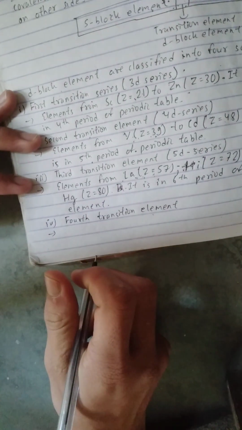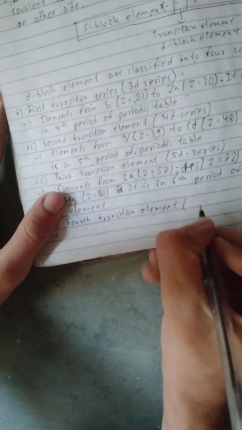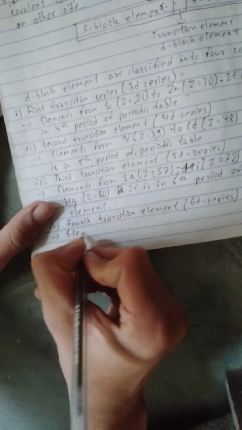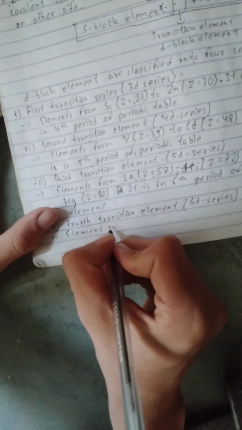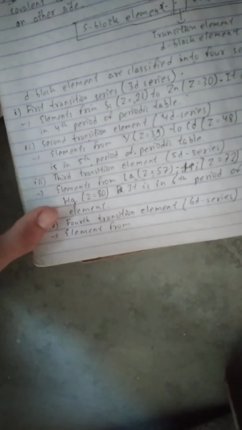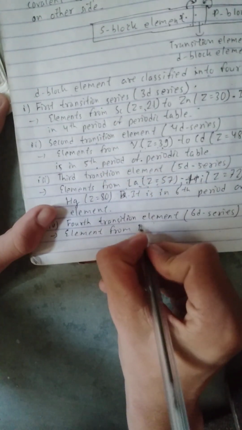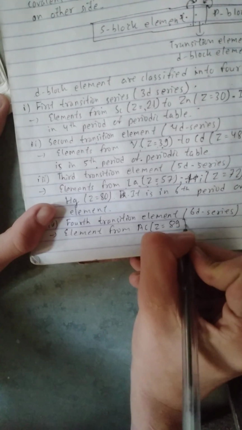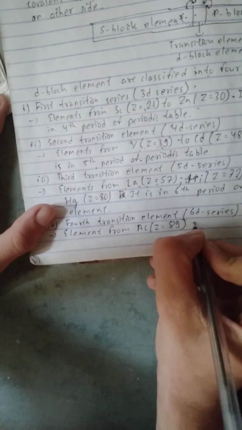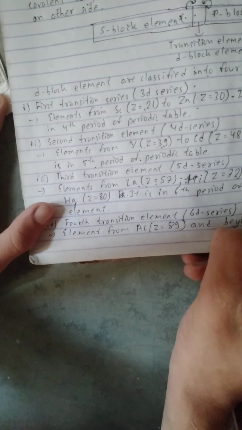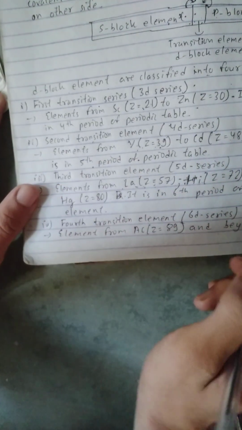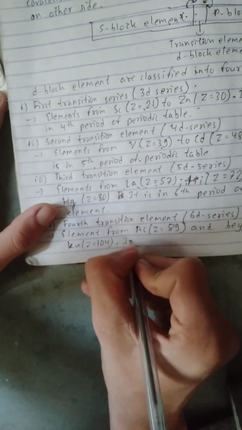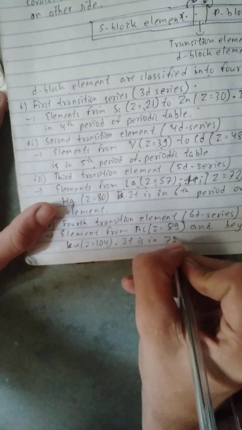And the fourth transition element is also known as the 6D series. The elements are from Ac, Z equals 89, and beyond, to Ku, Z equals 104, and it is in the last period, that is the seventh period of the periodic table.